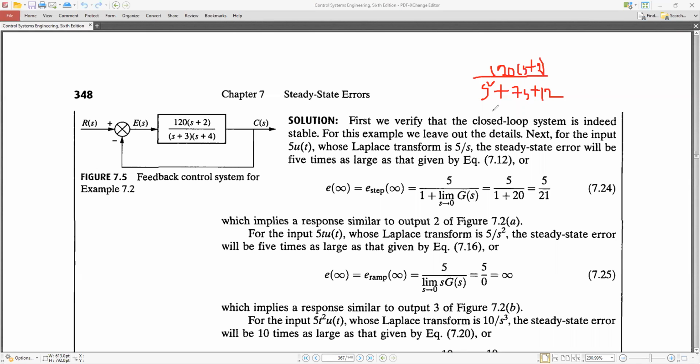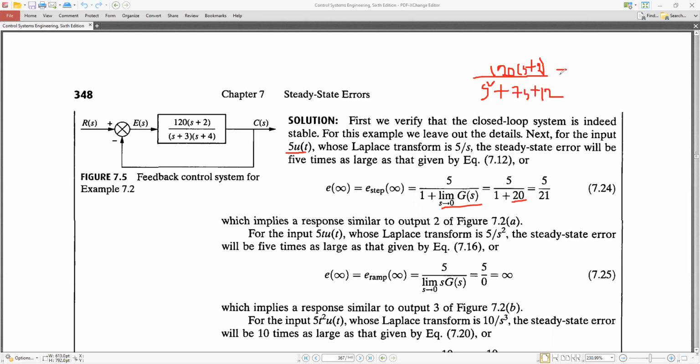And here what you can do after, and if it is stable or not, just use this equation. Put this one here. So for the input 5 u(t), that means 5 by s. Put this value.